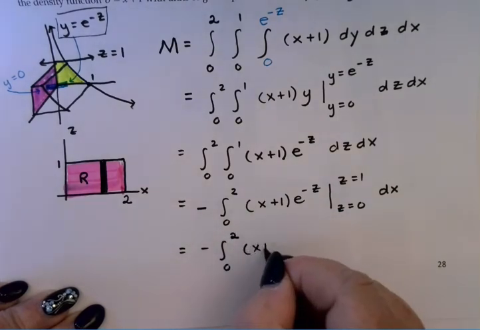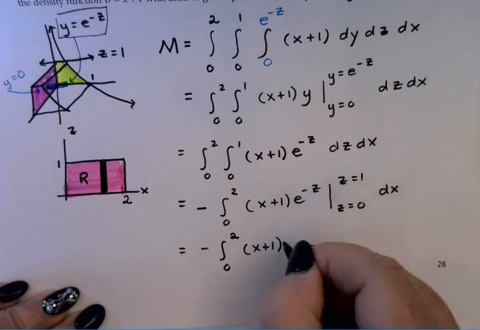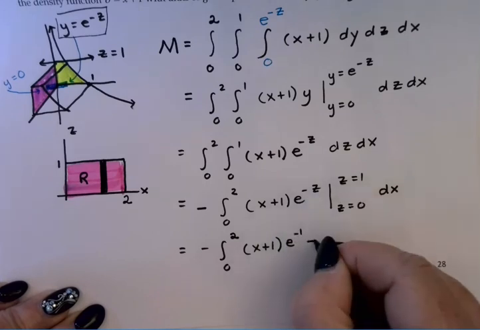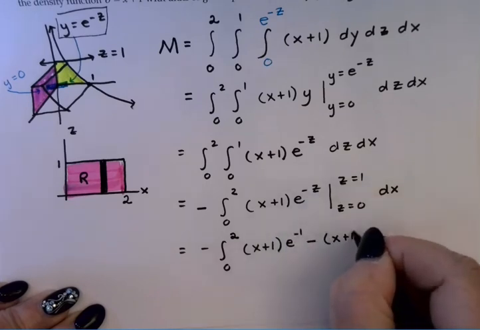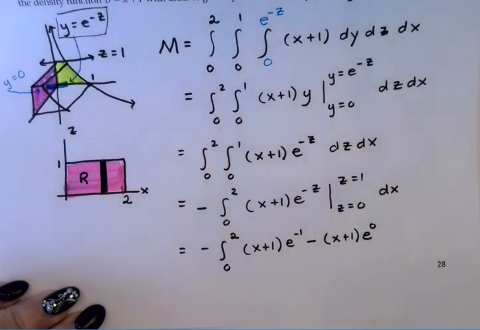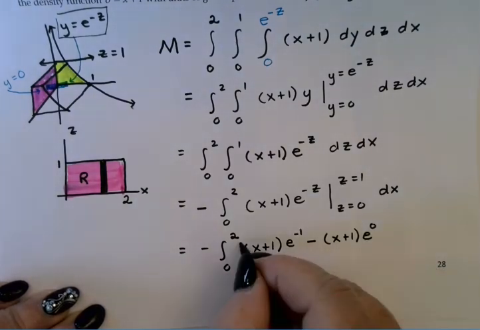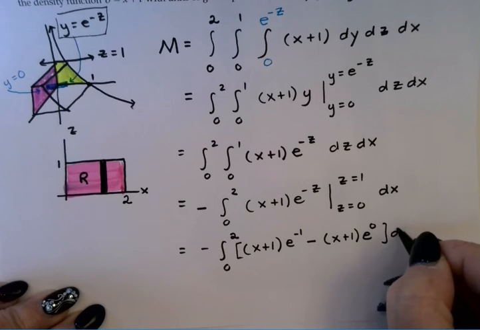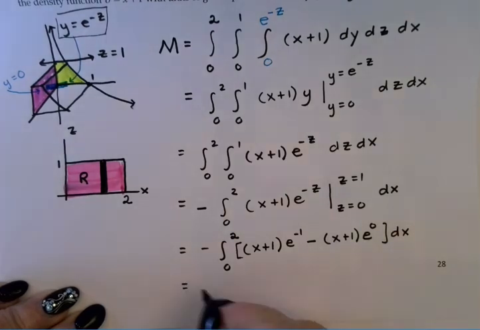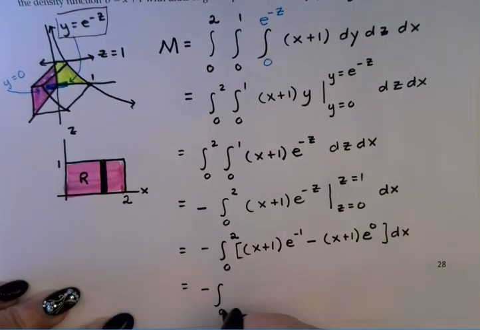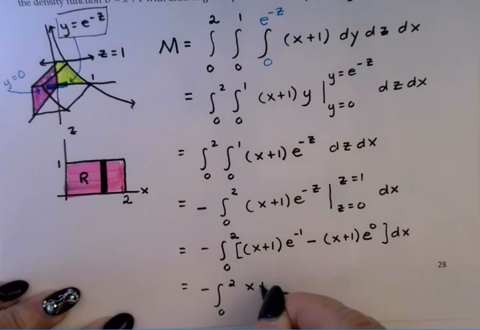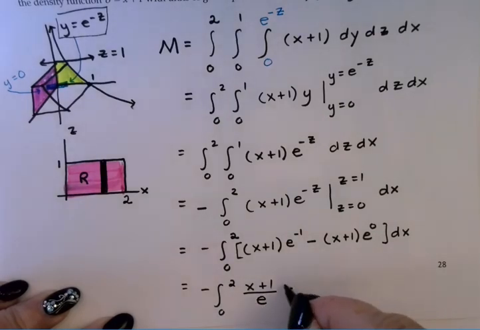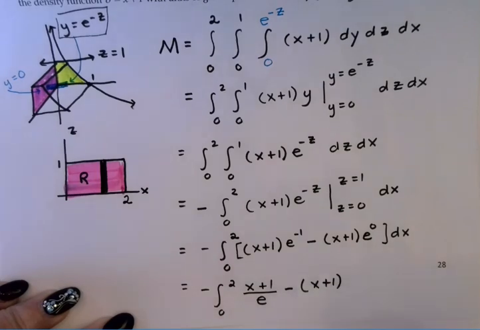So I'll get x plus 1 e to the negative 1, subtract x plus 1 e to the 0. Now just remember that's not 0, that's 1, so I need that there. Just for putting in the calculator, that's like x plus 1 divided by e minus x plus 1 just times 1.